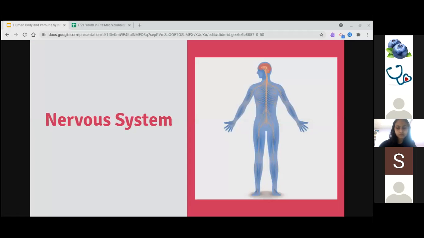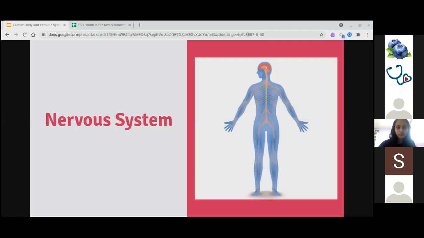Here it says for the slide that it's the major controlling, regulatory, and communicating system in the body. And it's also the center of all mental health activity, including thought, learning, and memory. We'll actually have a session about that a little bit later in the semester. And so the nervous system works with the endocrine system to regulate and maintain homeostasis.